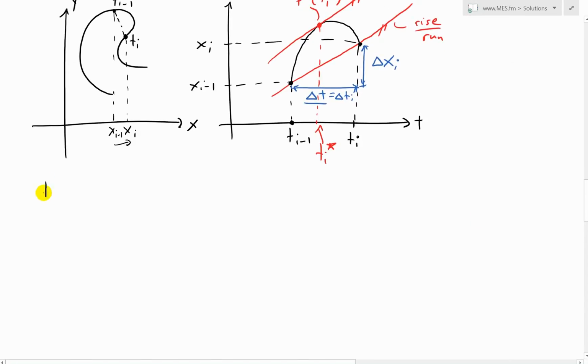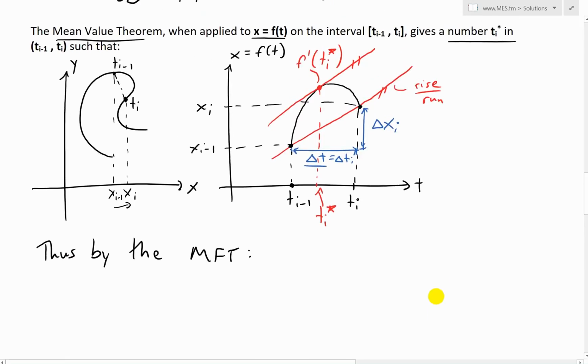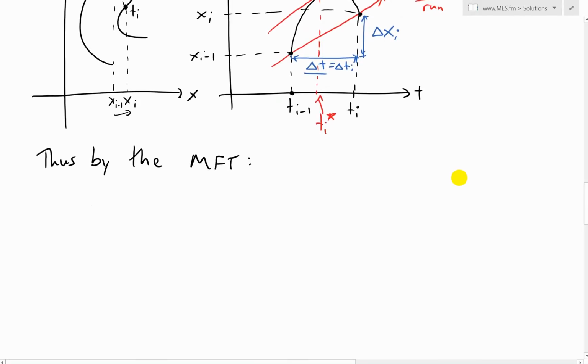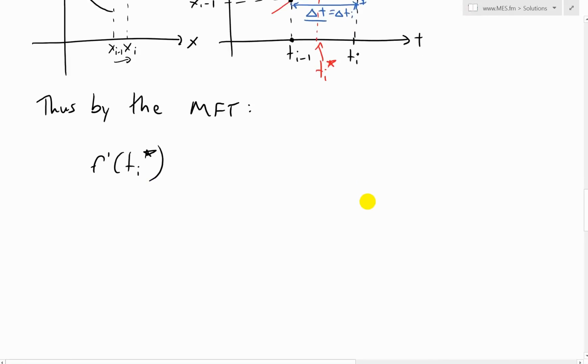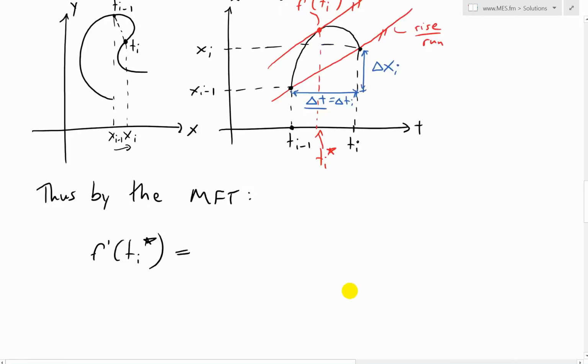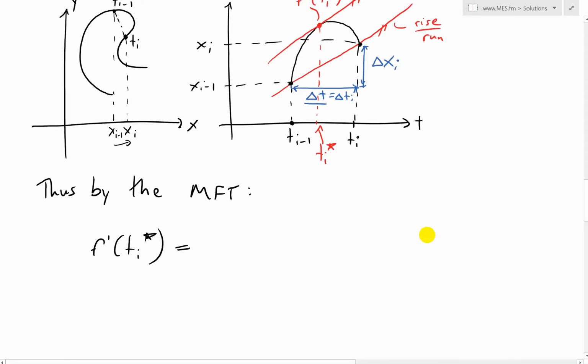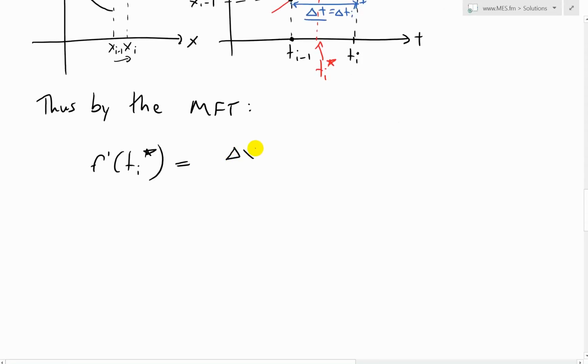So by the MFT, or the mean value theorem, the derivatives are equal. So we have f prime of t_i star, that special value t_i star, equals the rise over run, which is delta x_i over delta t.